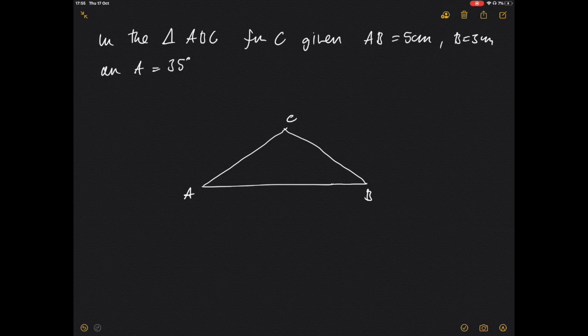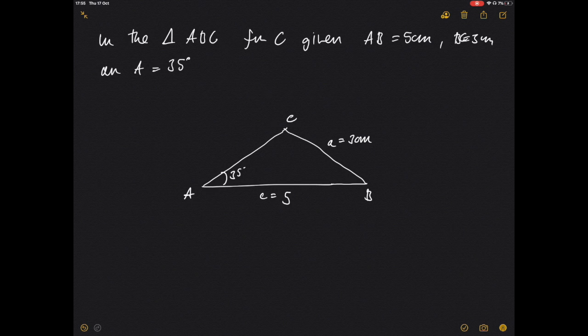So what have we been told? A equals 35 degrees. We've been told that AB equals 5 centimeters, we'll just put 5 there for now. And we've also been told that B to C, our little a, equals 3 centimeters.